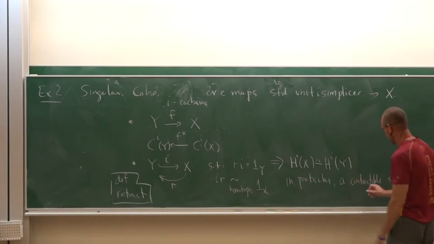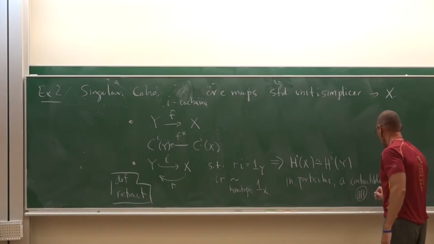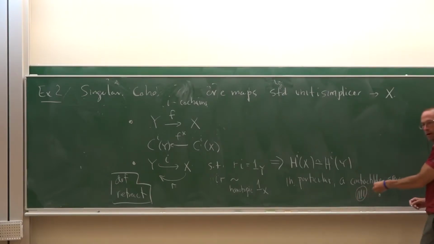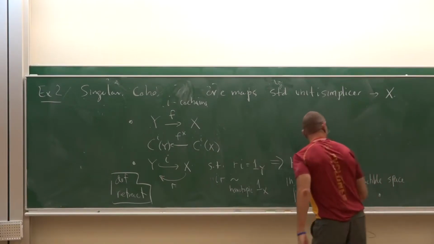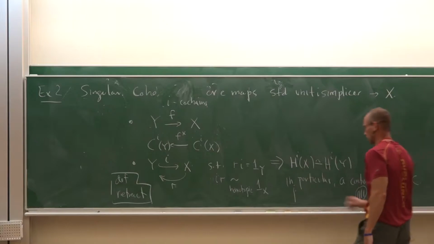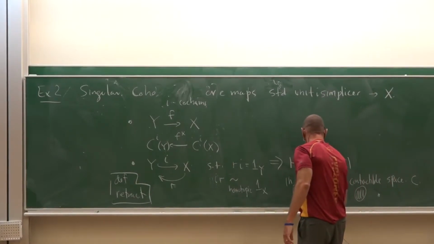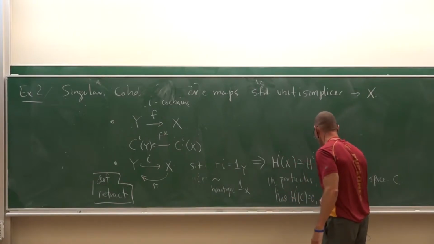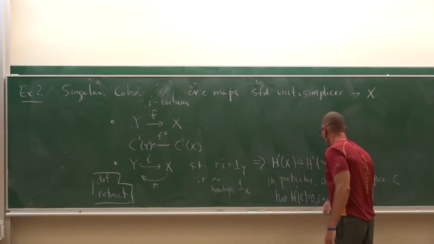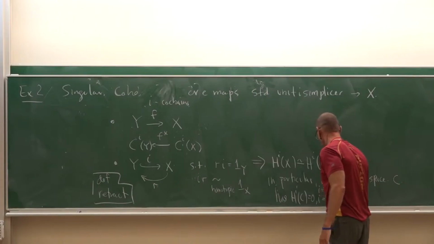Something like a disk can be smoothly contracted down to a point. Then a contractible space C has Hi of C equal to 0 if i is not equal to 0, and if i is equal to 0, it's just equal to whatever the coefficient ring is that I'm using.